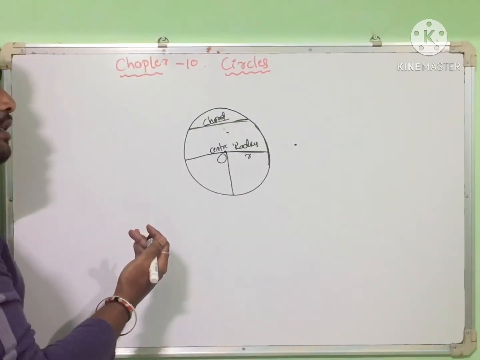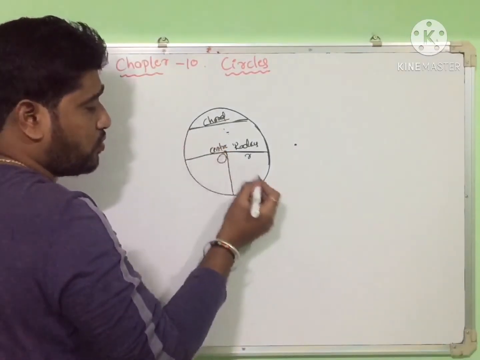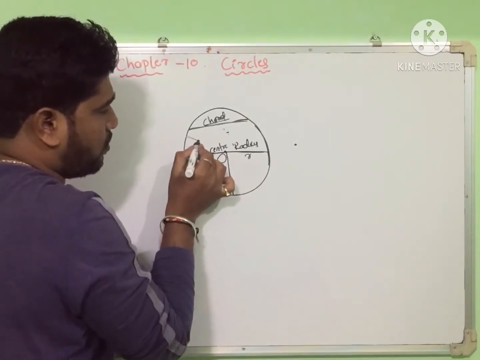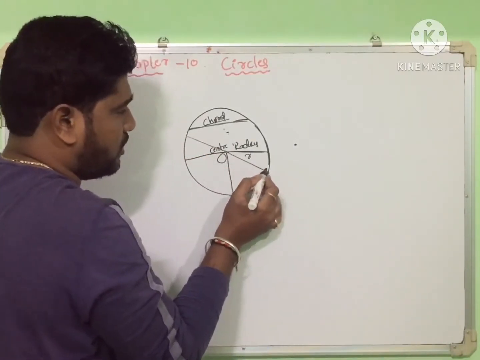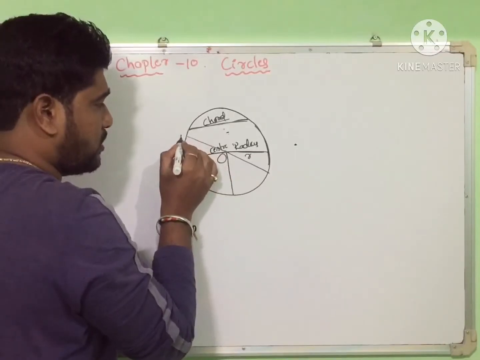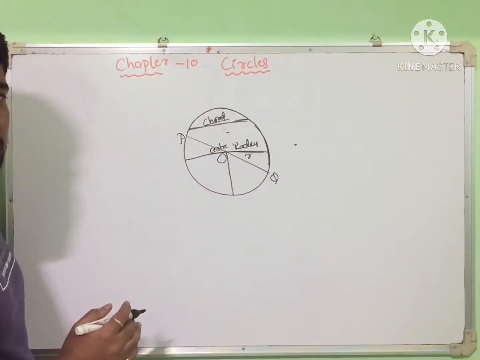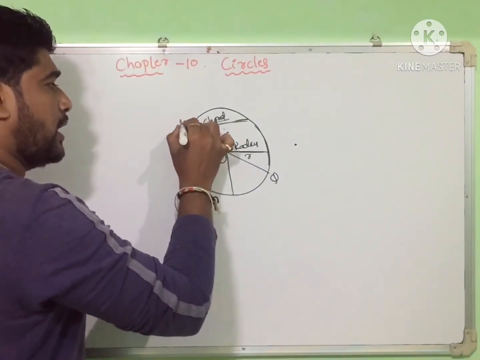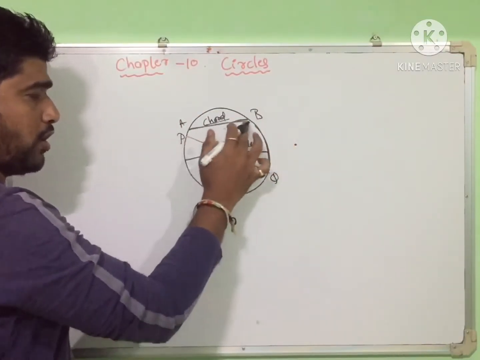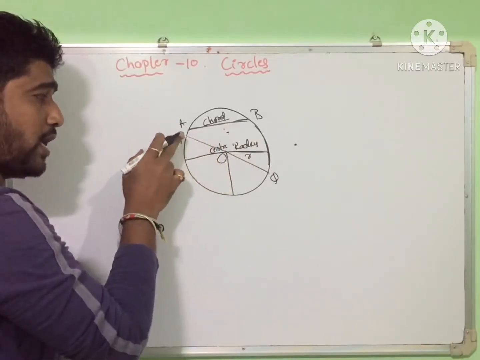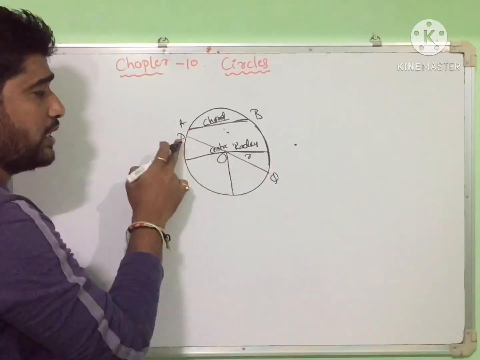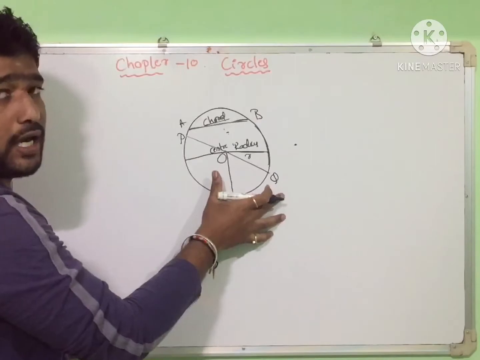And when the chord passes through the center, this chord PQ is called a diameter. So here AB is a chord, and when a chord passes through the center of the circle, the chord becomes a diameter.